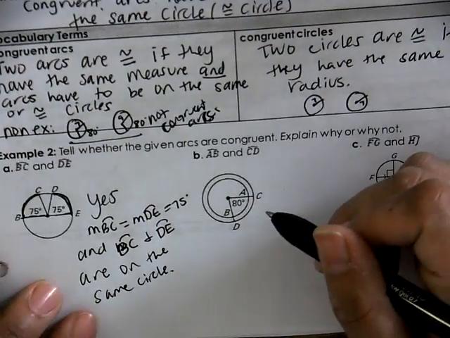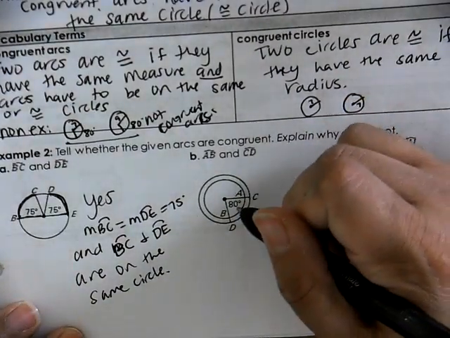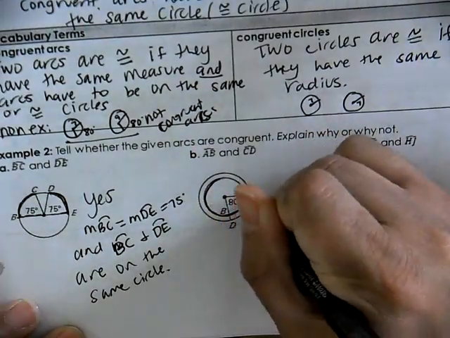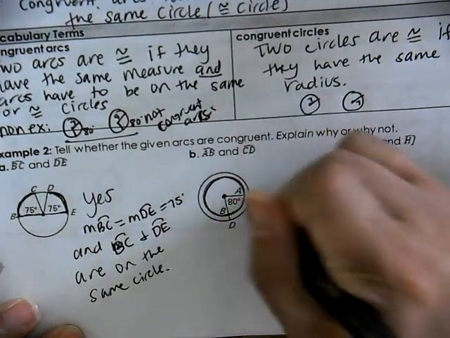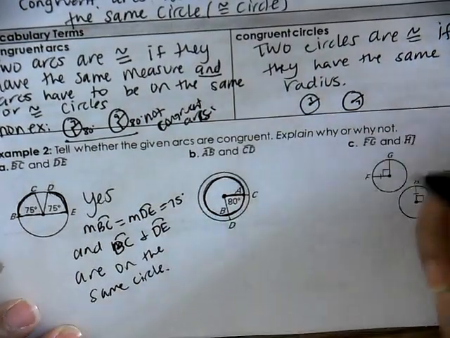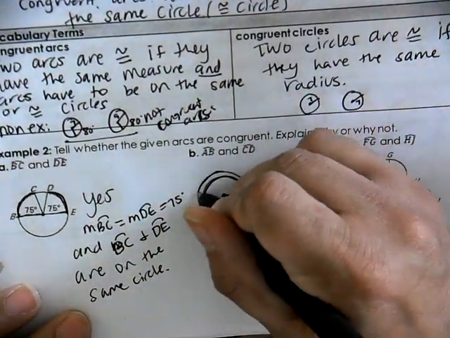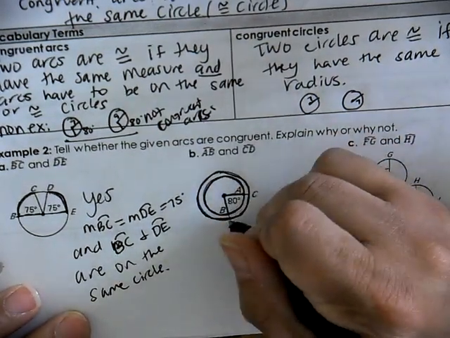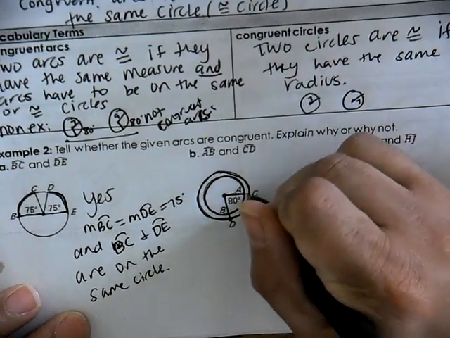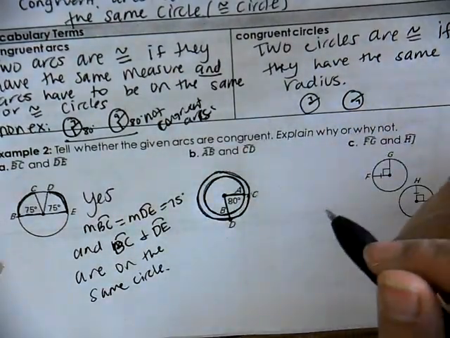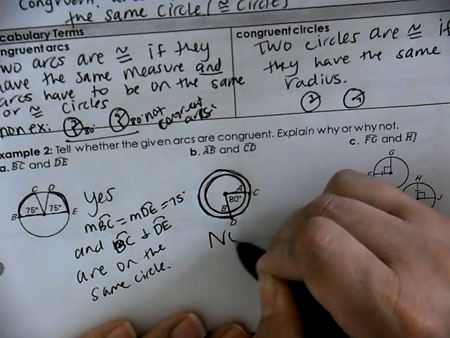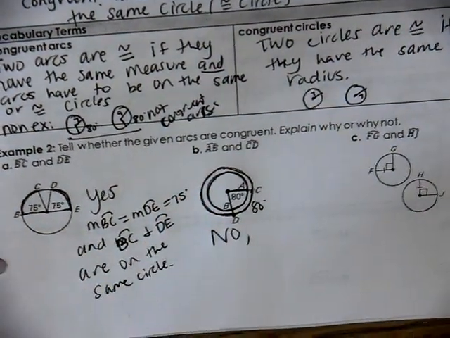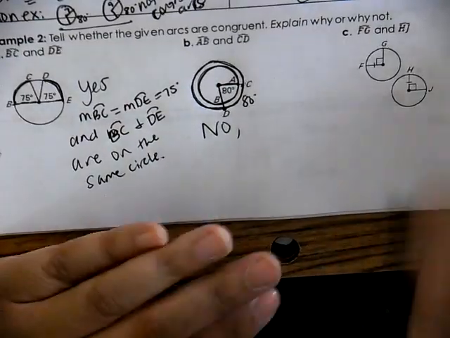And then for part B, we have the same thing, but look carefully at this. There's actually two circles on this one. There's a smaller circle here, labeled with points A and B. And then there's a bigger circle where this arc here is C to D, right? So C to D and A to B. This one is actually no. Even though they both have the exact same arc measure, they are not congruent arcs.